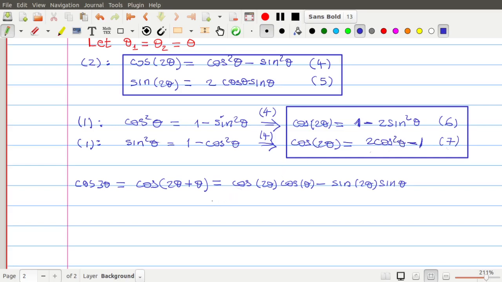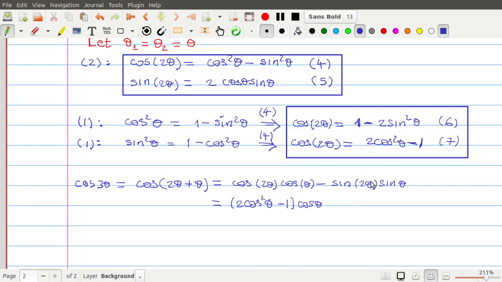So we can write 2 cosine square theta minus 1, into cosine theta.